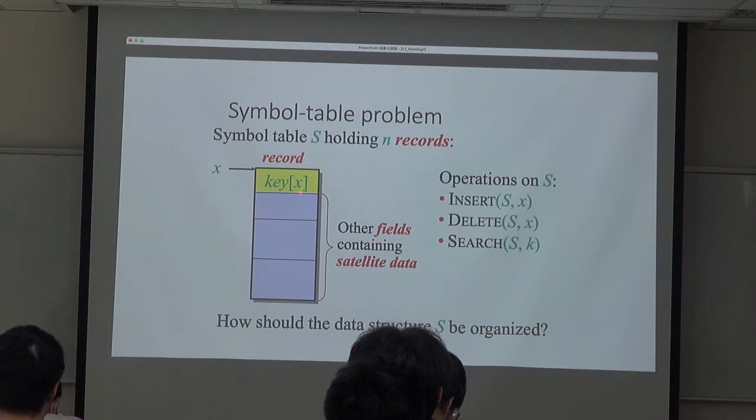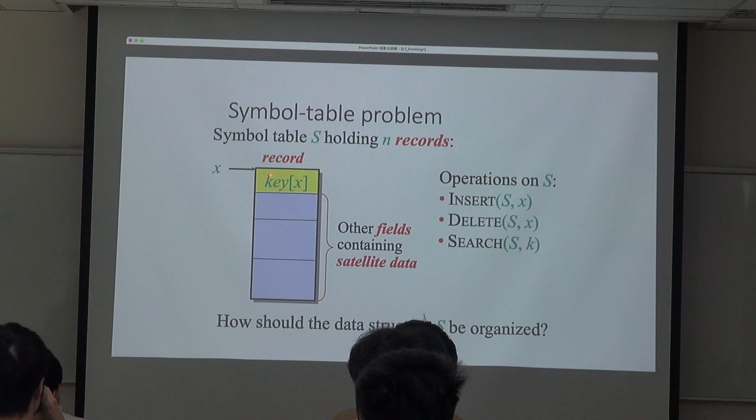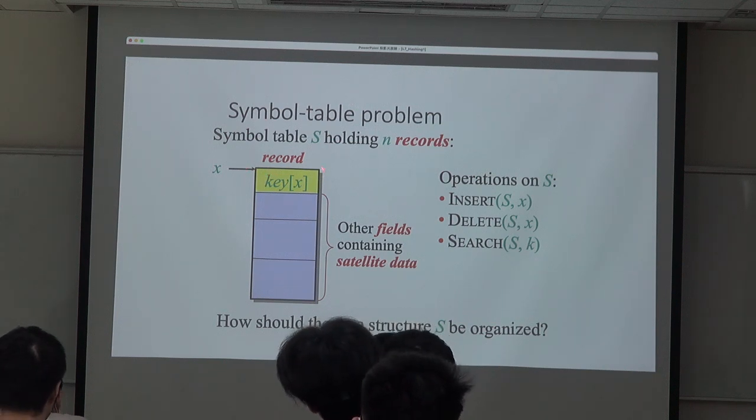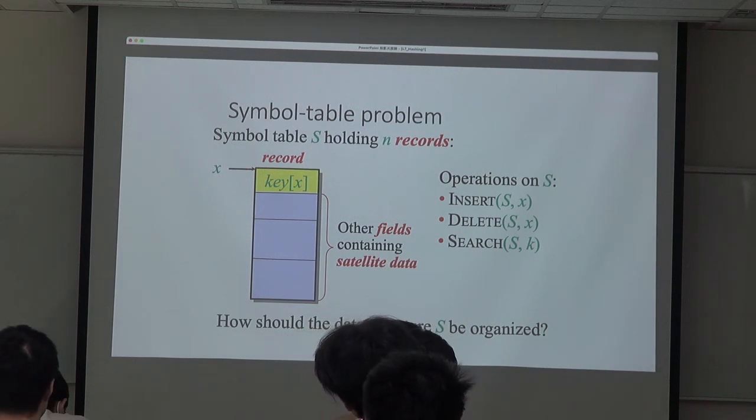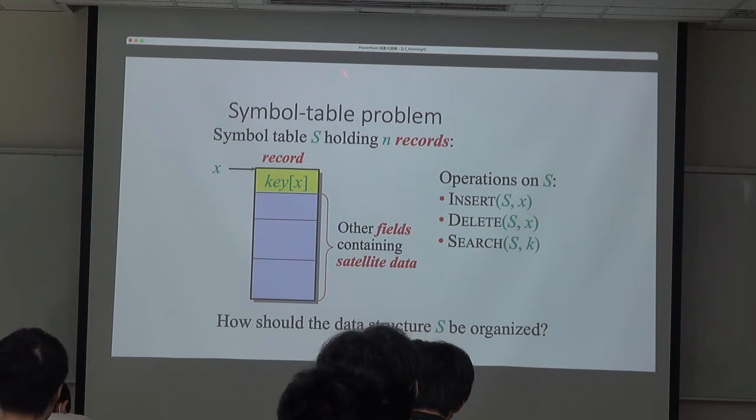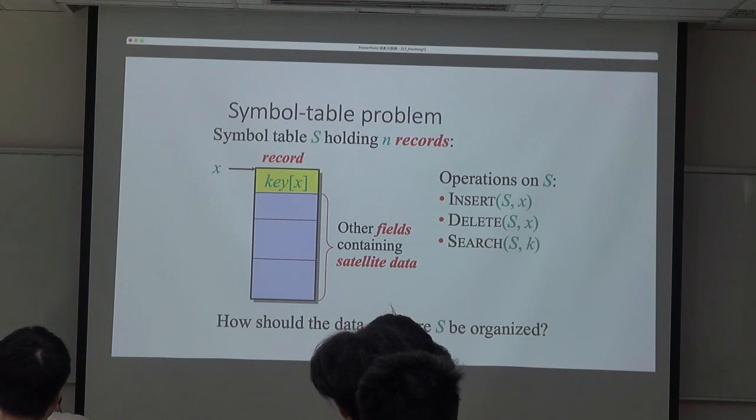Taking the student record as an example, the key would be your ID. So this is a record in the symbol table.